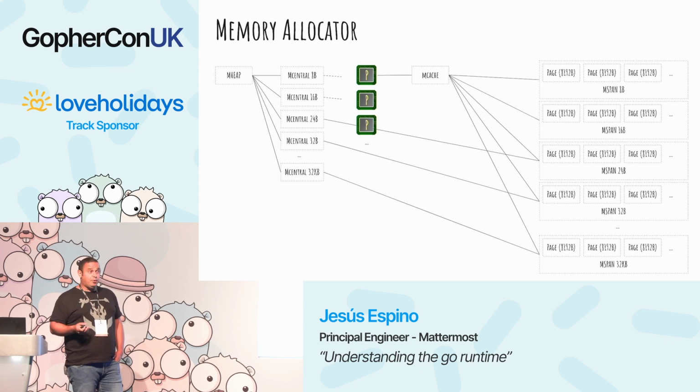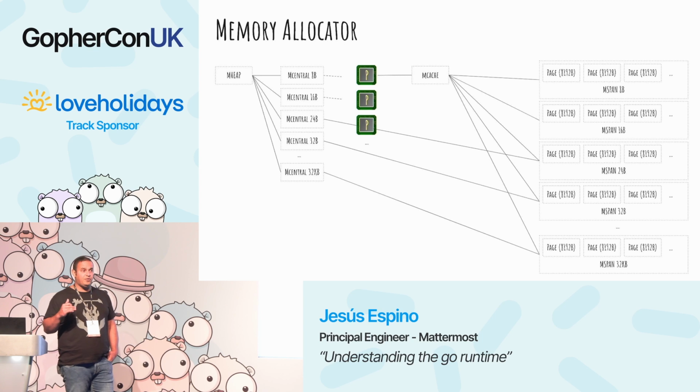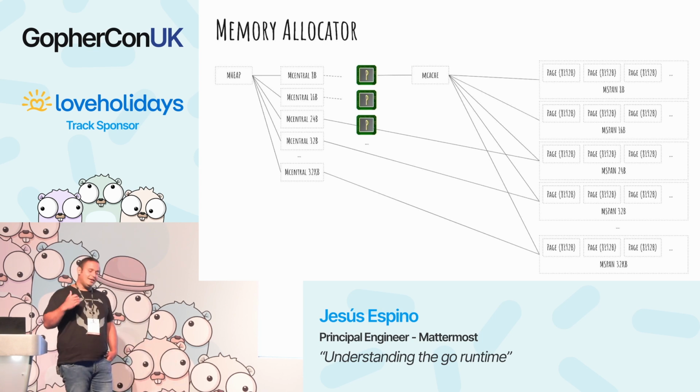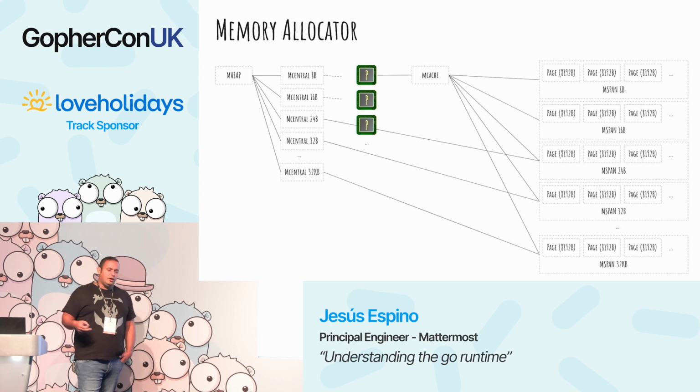In the previous example, we tried to store 8,200 bytes, and what happened is there's a span of 8 kilobytes, but the next span is 9,472 bytes. So that was the span that was used, that was the memory consumed.